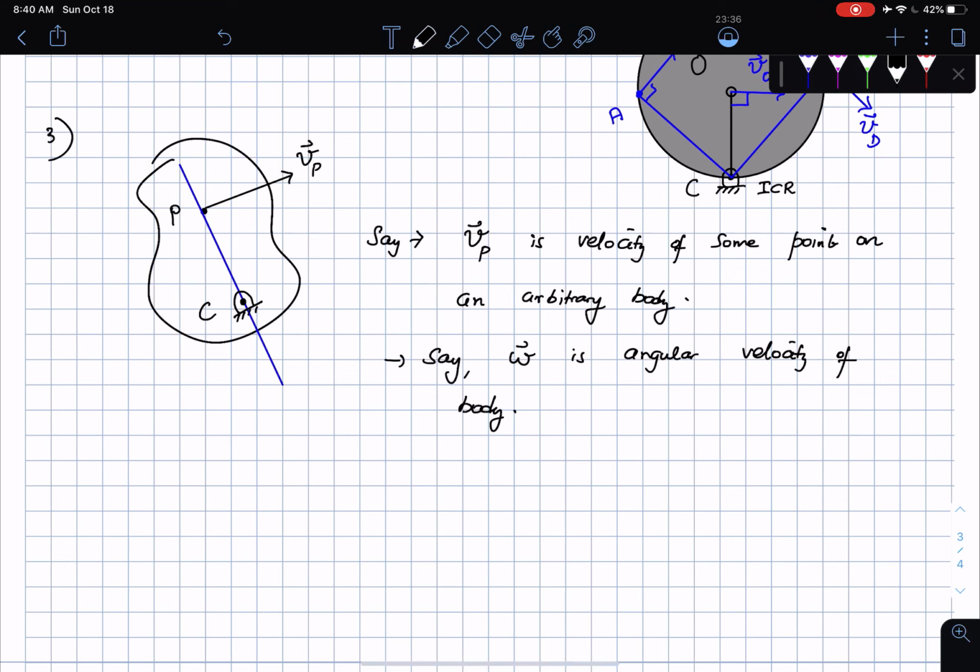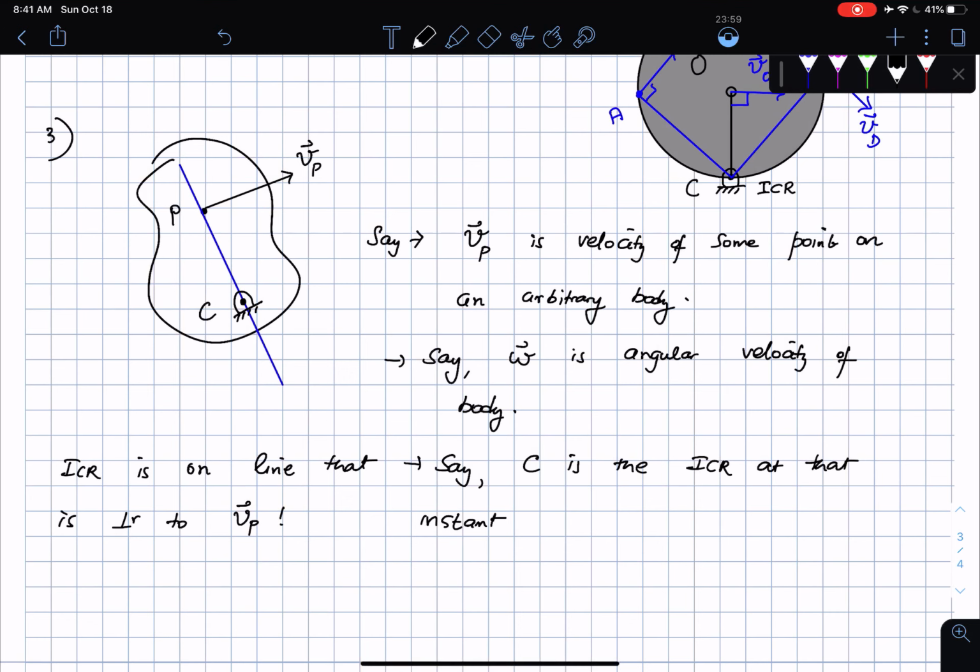Let us say that this point C is the ICR at that instant, and you can also see that this point ICR is on a line that is perpendicular to the velocity of P, as you can very well see here.